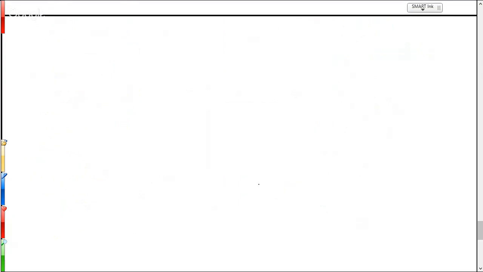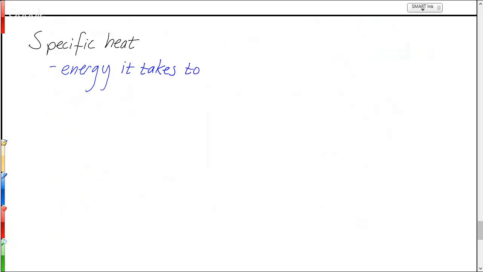We sort of talked about this already, but I want to give it its official name, and that is specific heat. Specific heat is the energy it takes to raise 1 gram of a substance 1 degree C. That's like how we define the calorie, right?